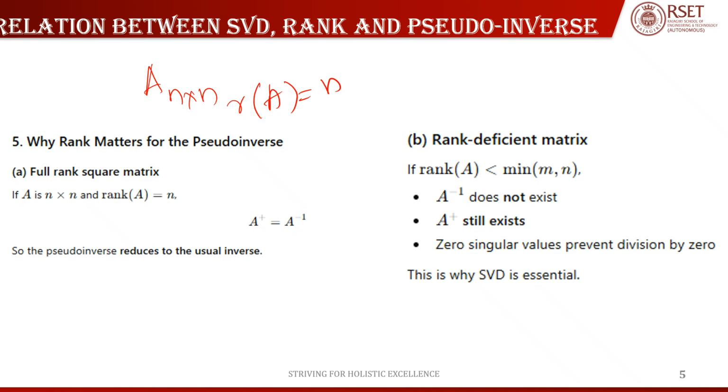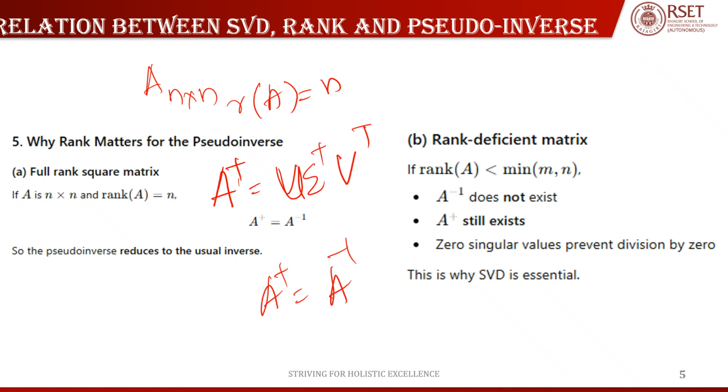At that time, your pseudo inverse, which you get by doing U sigma plus V transpose, A plus, will be equal to the original A inverse. If the inverse of a square matrix exists and its rank is full, then its inverse and its pseudo inverse will be the same.